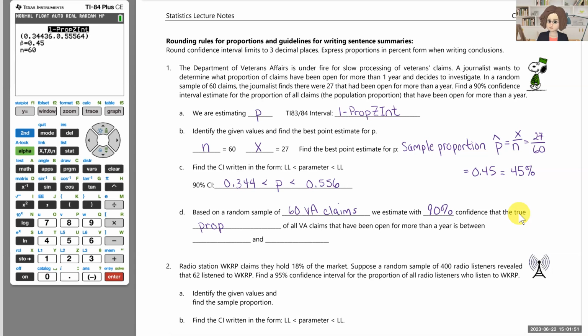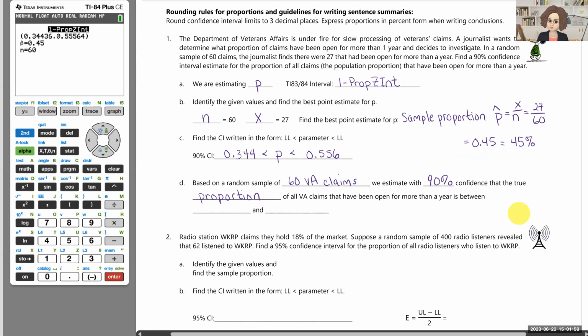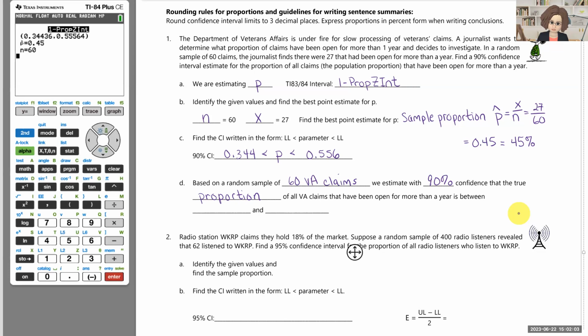So the true population proportion of all claims that have been open for more than a year, we believe is between, in percent form, 34.4% and 55.6%.